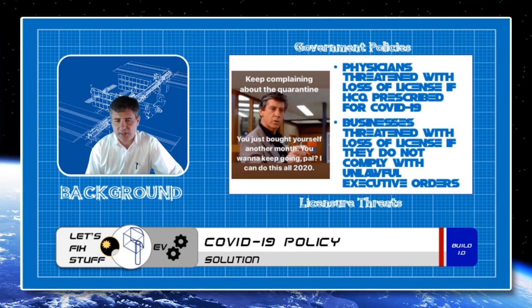Businesses are also threatened if they don't enforce face mask rules, if they don't enforce the X marks the spot social distancing rules, or if they have too many clients that exceed the allowed gathering size or the allowed number of patrons in their establishment. They can get their license threatened. So a lot of businesses, rather than fight back and risk the loss of their license, will willfully comply with the government.